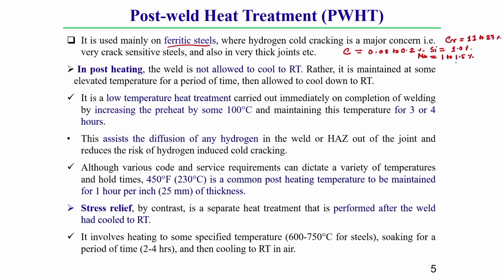This is generally ferritic steel. This ferritic steel is more sensitive to weld induced hydrogen induced cracking. That is why we mainly use post weld heat treatment for ferritic types of steel, where hydrogen cold cracking is a major concern.